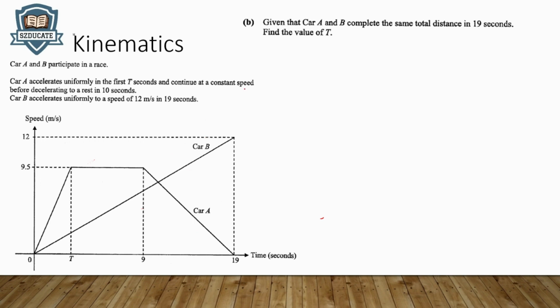Okay, so first, let us find the triangle. The distance traveled by B is effectively just 19 times 12 times half, which means the area under the graph.